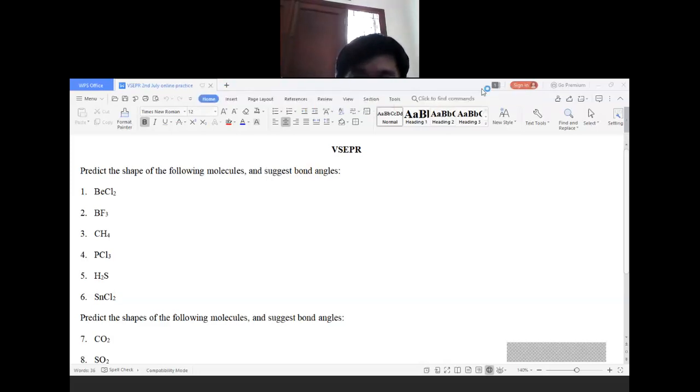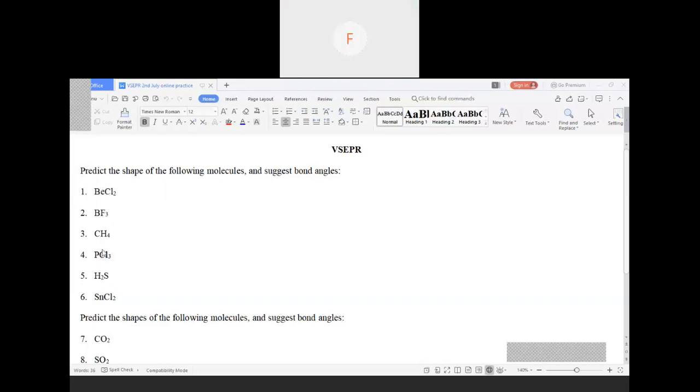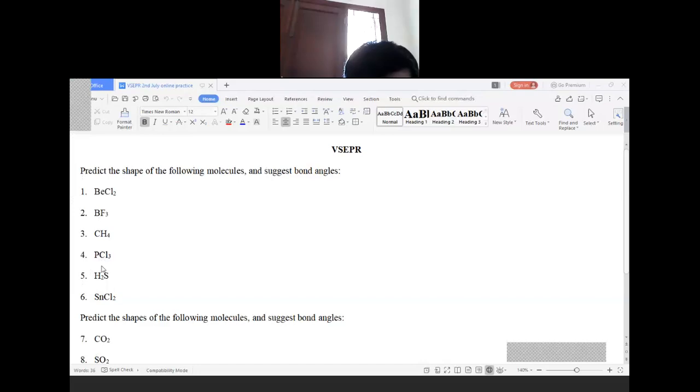Let me draw using the annotation here. Wait, let me choose the black pencil, and then this one, beryllium chloride. You are drawing on your paper. Am I right? There is a Cl, and then Cl, and then there is like this.